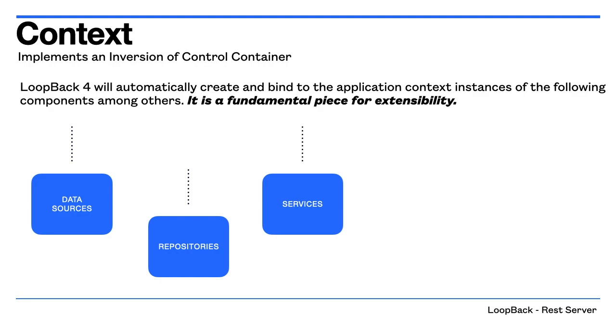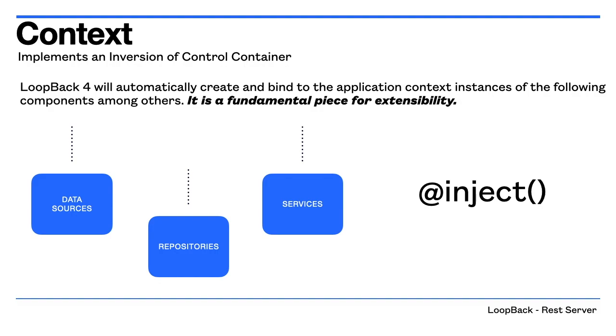Okay, so that is the booter, and there is a booter for one specific entity type like this. And this is the fundamental piece of work for the extensibility of LoopBack 4. So we have the context, inversion of control, and everything is going to be available for the controller, in this case, by using inject.